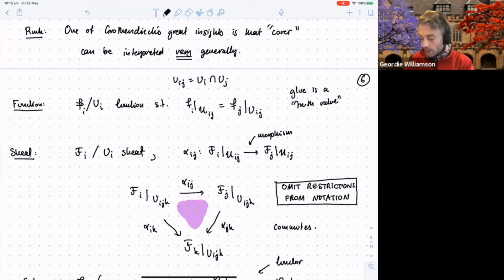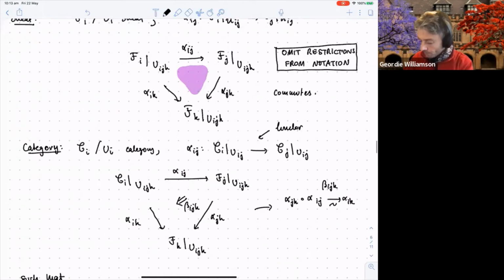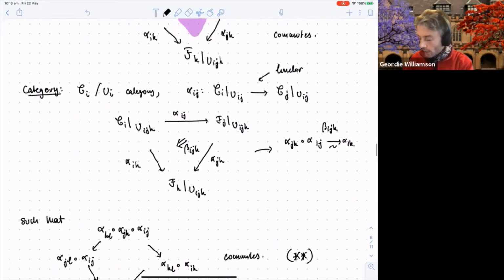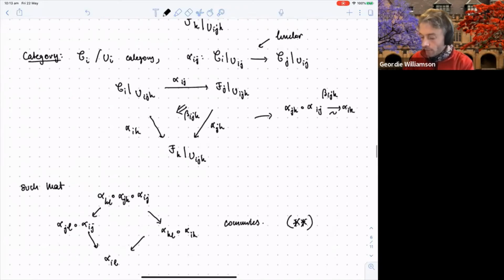So we can do the same thing with categories. We imagine a sheaf of categories on a space. So now when we restrict, this is what people call a stack.